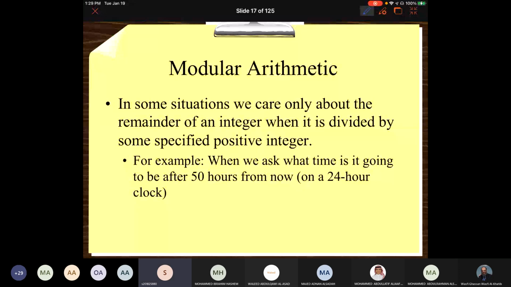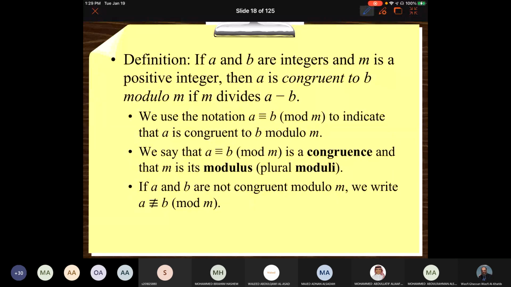The remainder is 2, صح? So 13 plus 2 is 15. So this is kind of motivation, you know, for modular arithmetic, that we do use modular arithmetic, okay?